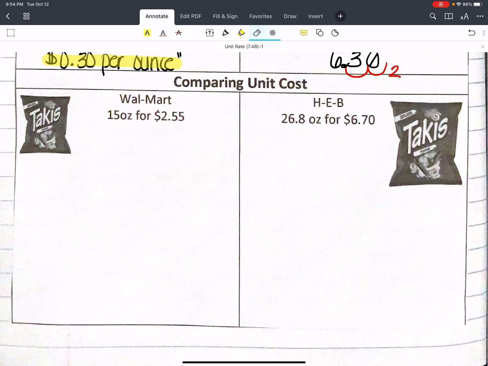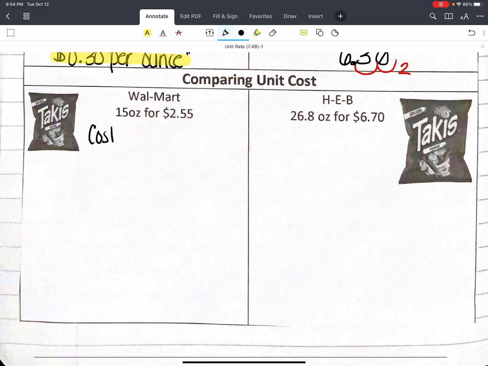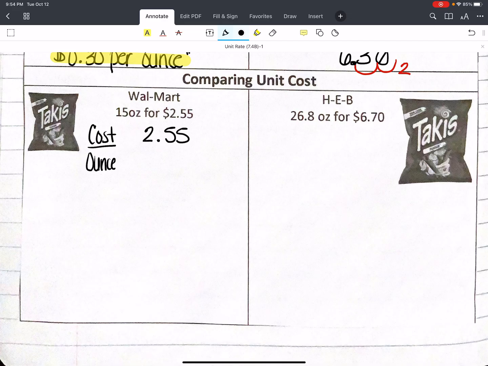So we need to know how to calculate how much per ounce. Same thing again. We're going to take our cost and divide it by the number of ounces. So that tells me I'm taking $2.55 and dividing it by 15. So top in, bottom out. Bring up my decimal point.